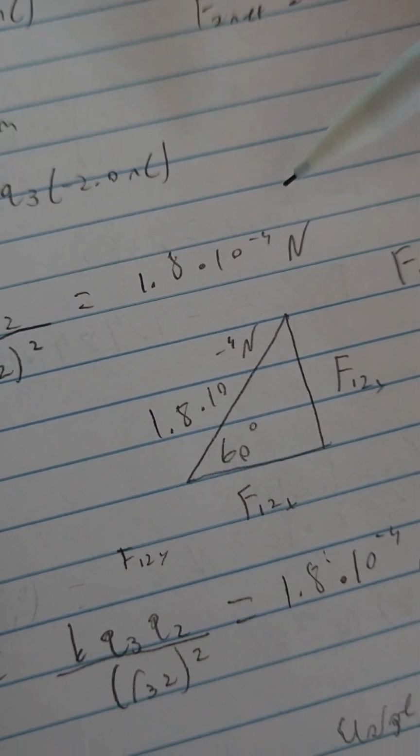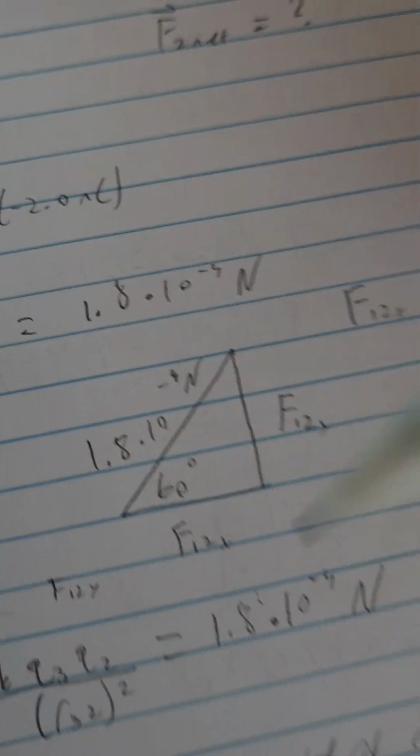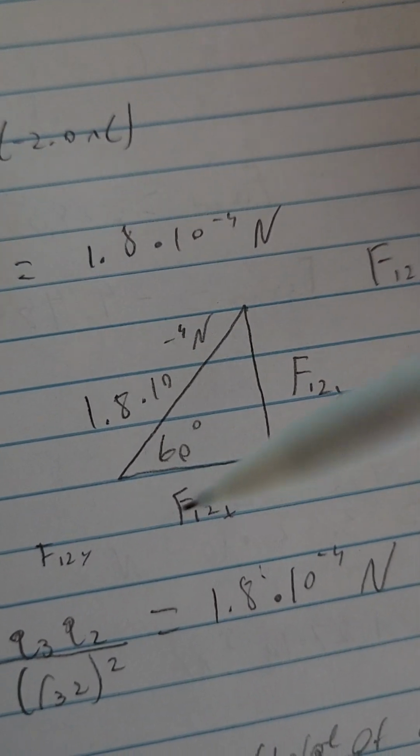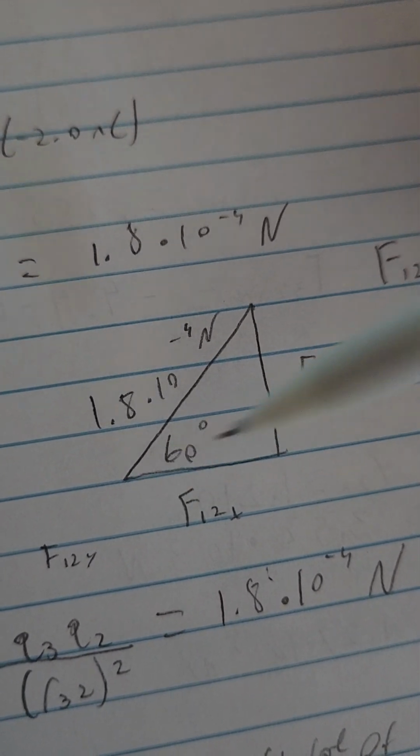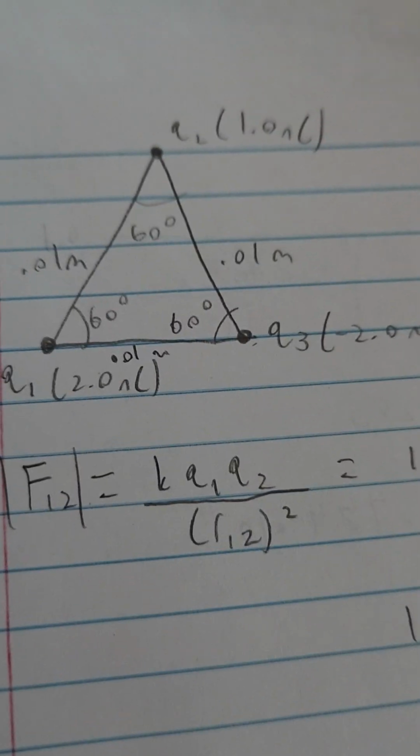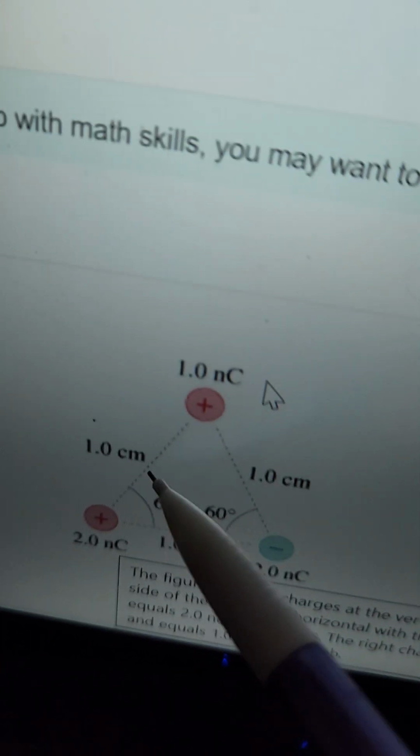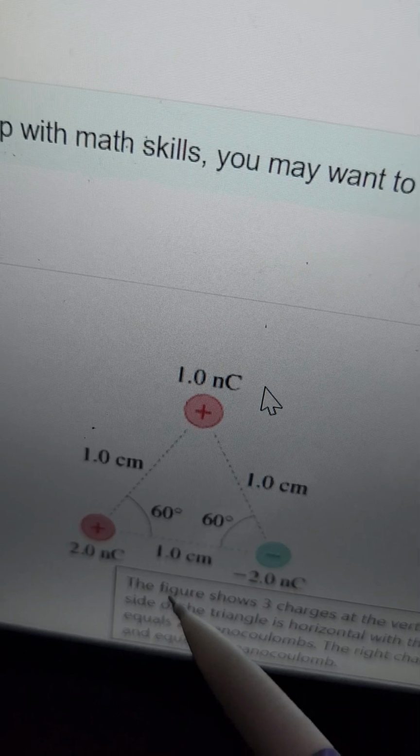Then you want to create a triangle that has the net force vector and then the x component and the y component. So this is the net force, this is the y component, and this should be the x component.